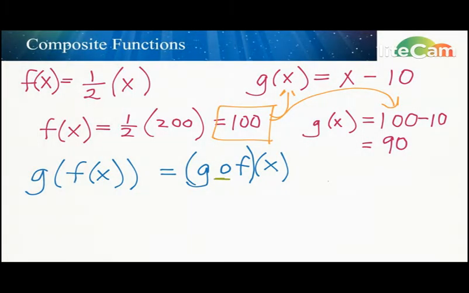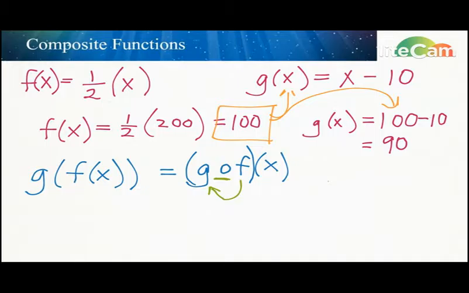This symbol right here is not really an O, I kind of made it big, but it's a little circle. It's basically saying that we're going to take f and put it into function g.